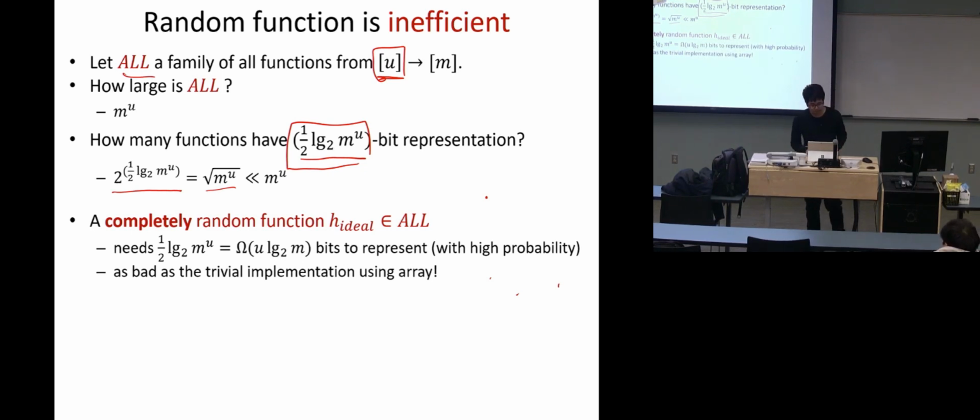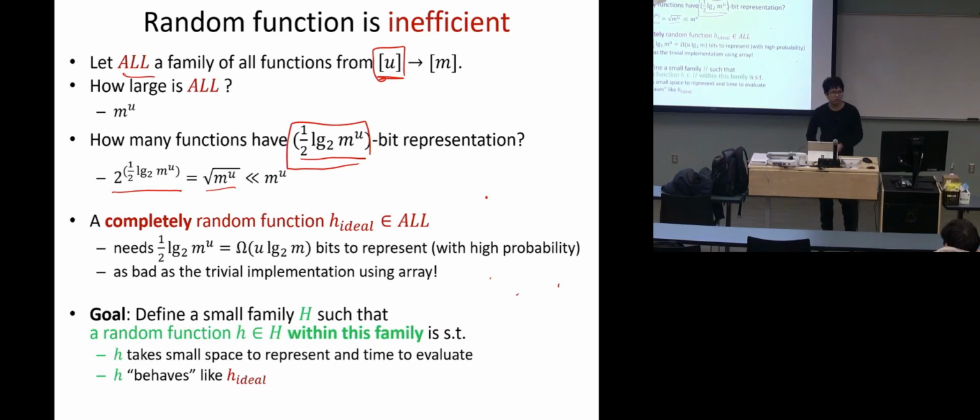Okay. So it's just too bad if you use a completely random function. So the goal now is to come up with a much smaller family H instead of all. You want a family H, not all, such that if you sample a random function within this family, then h takes less space and time to evaluate.